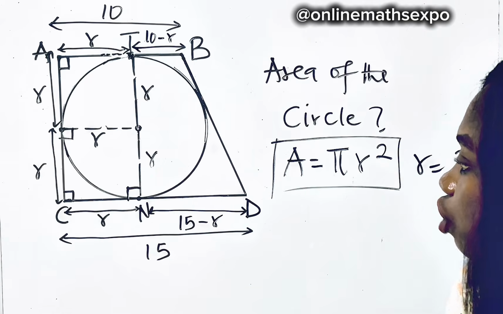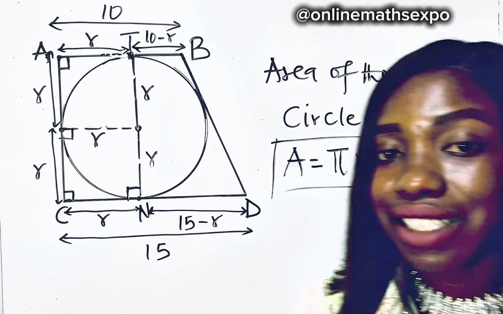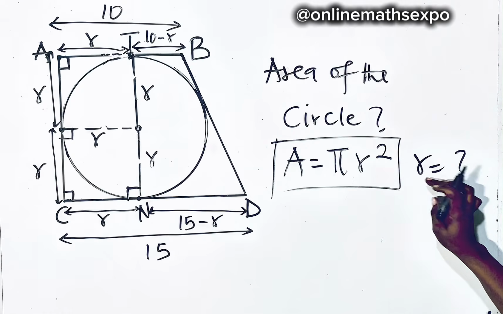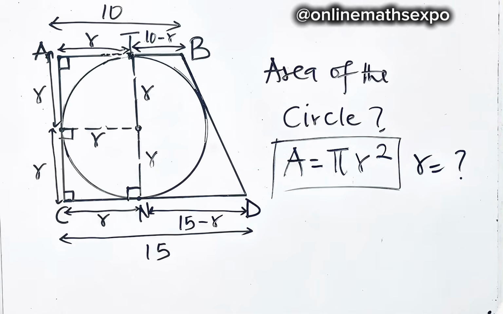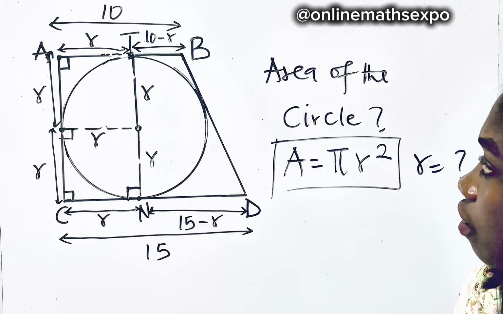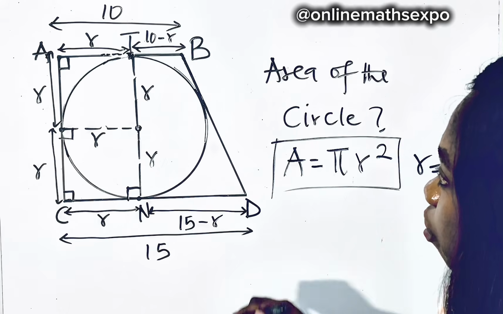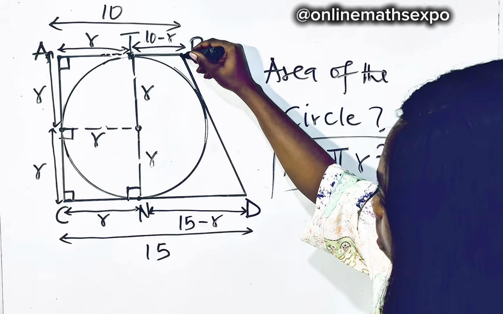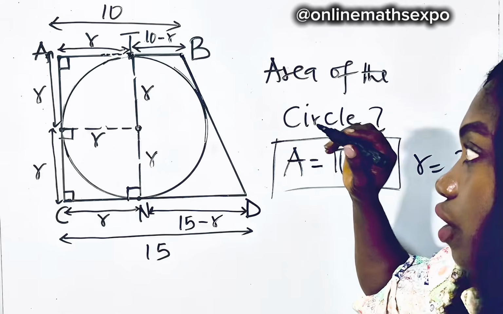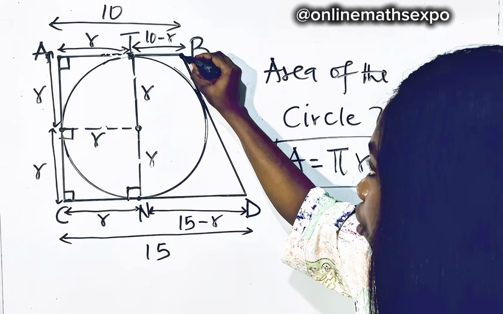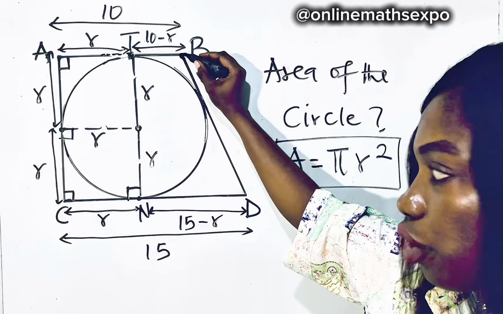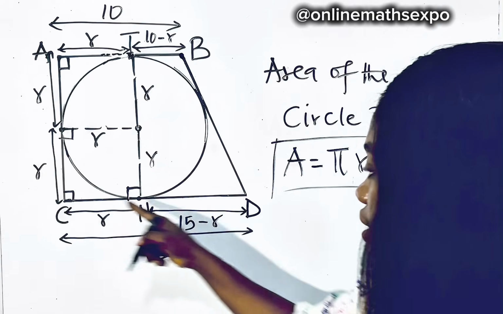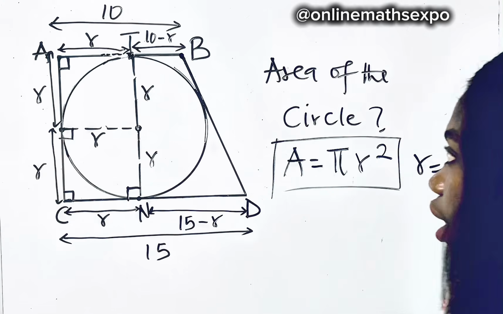So what do you think we should do? Remember, our target is to find the R. Now, if you go back to this diagram, you observe that we are free to drop a line from this vertex. We are targeting the intersecting point. We are going to drop a line from this vertex of the trapezoid to touch this line CD. So let's do it together.